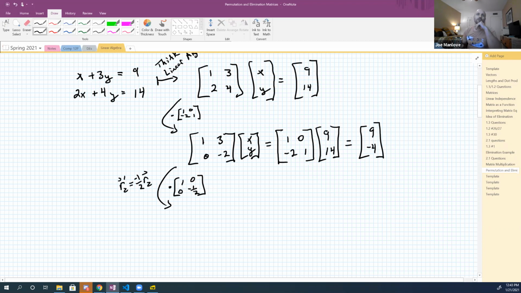So if I do this multiplication, I might kind of walk off in the margin, right? I want to take this matrix and multiply by this one. Okay, so if I pick this up and drop it on, I'm going to get 1. If I pick this up and drop it on, I'm going to get a 3.